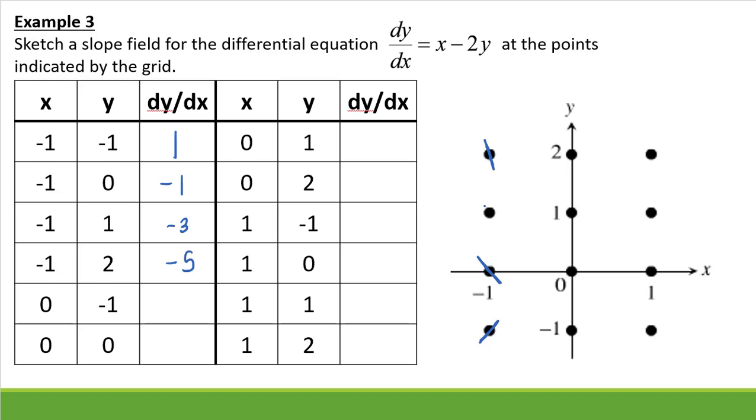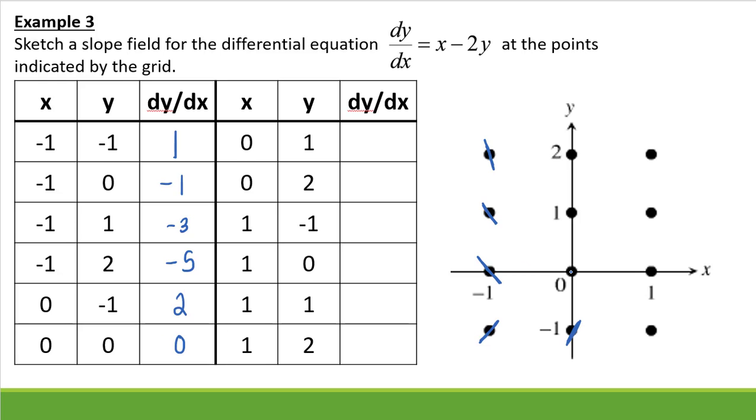Okay, continuing along. If I plug in 0 and -1, I get 2. So a positive slope, a little bit steeper than that one. Then at (0, 0), I have a slope of 0. Remember, a zero slope is a horizontal line.